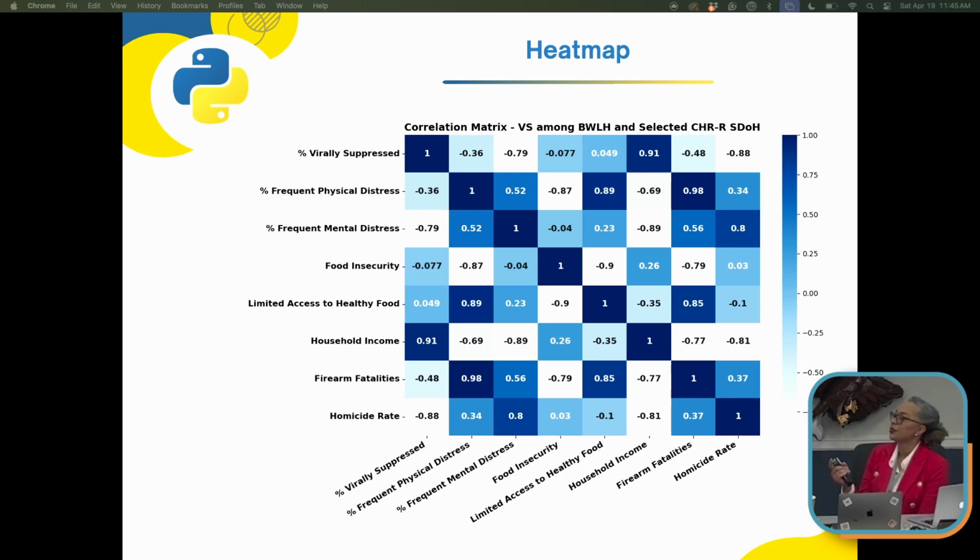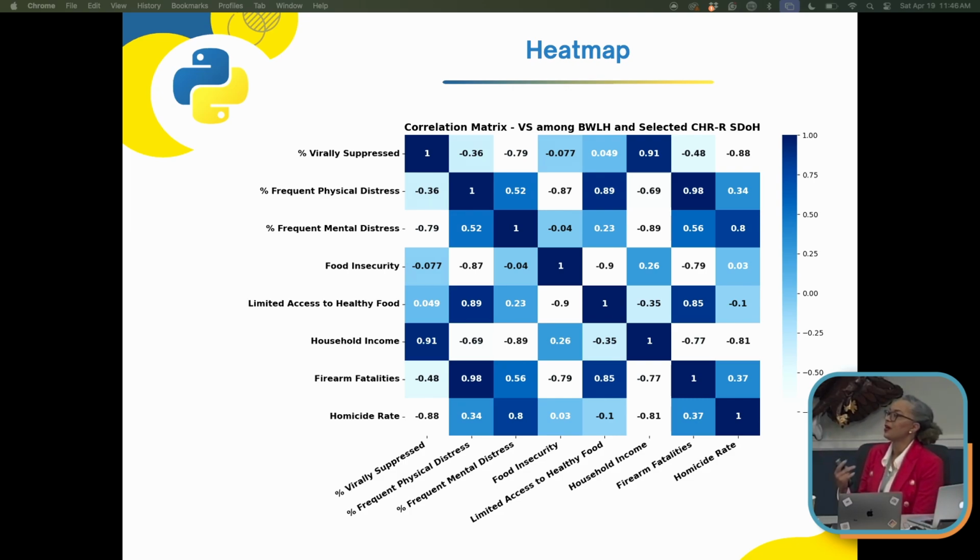Here what I'm showing is the correlation between different social determinants of health factors and viral suppression. What you see here is a positive correlation, which means as one thing goes up, the other thing goes up. As you have more people virally suppressed, you also have household income at 0.91. That means there's a direct correlation: the higher your income is, the more likely you are to be virally suppressed. That is profoundly important information.